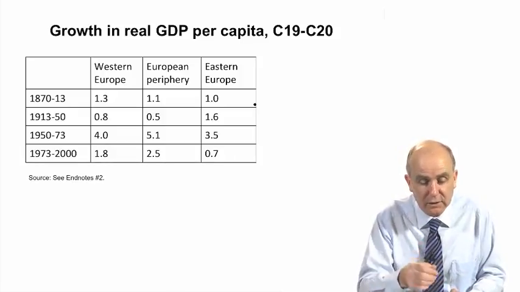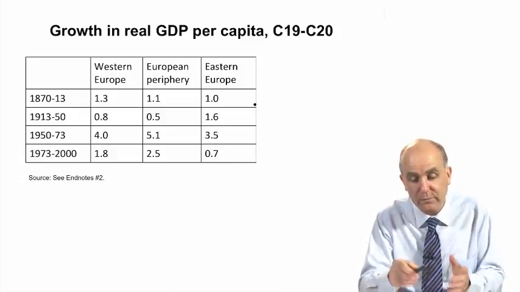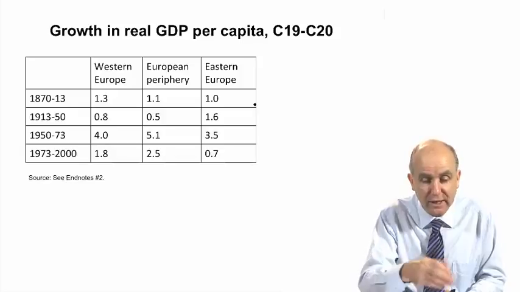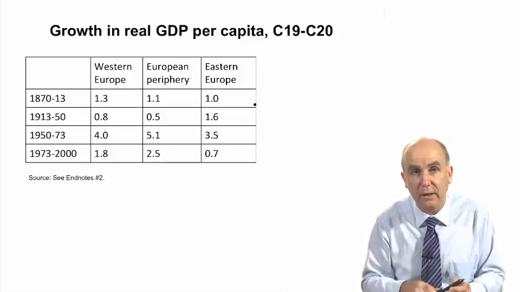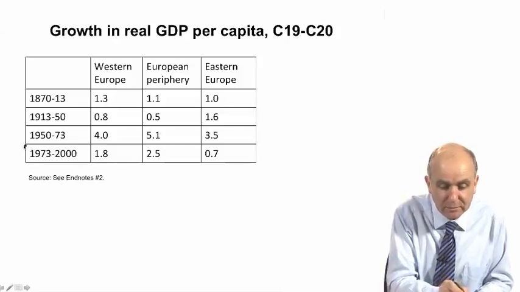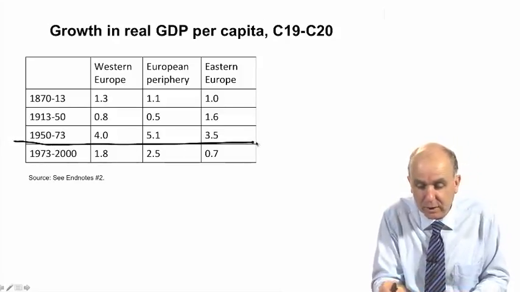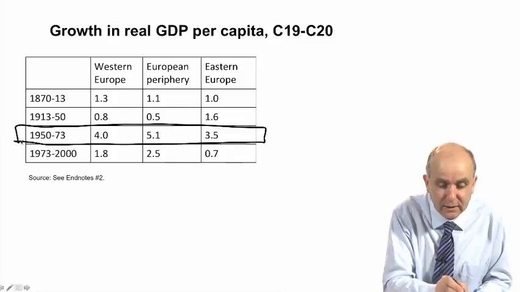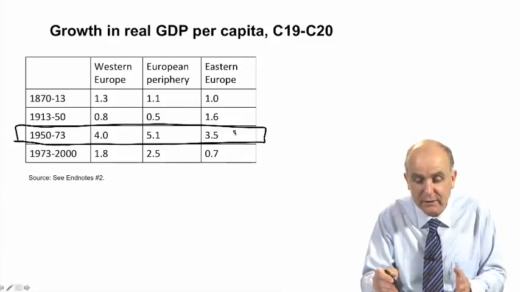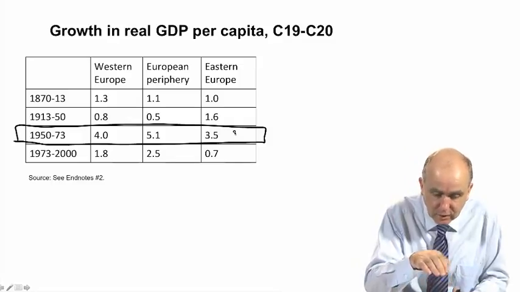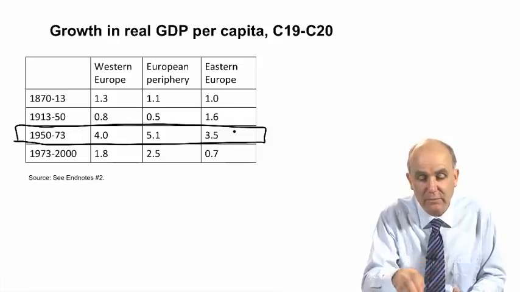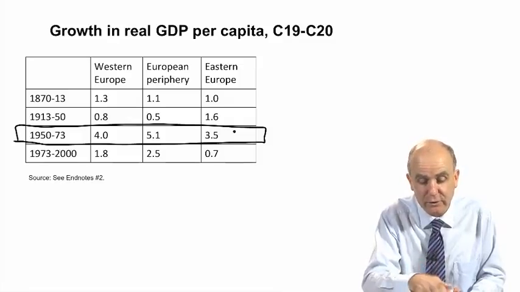And so here I've got some data for Western Europe, the European periphery and Eastern Europe on average annual rates of growth in GDP per capita. And the big point to note for the purposes of this section is that all of those regions, Western Europe, the European periphery, Eastern Europe, had, in relative terms, very high rates of annual growth in real GDP per capita during this period.